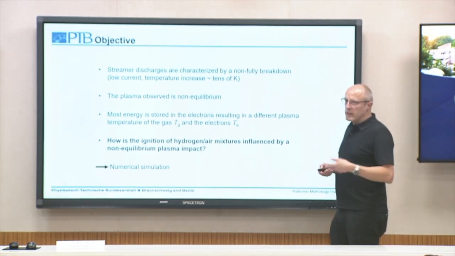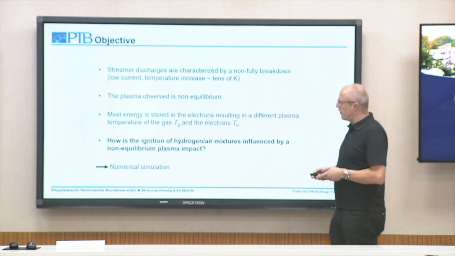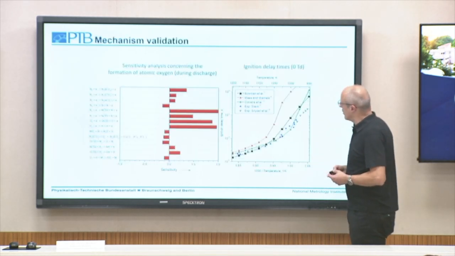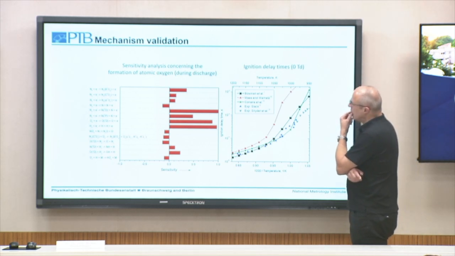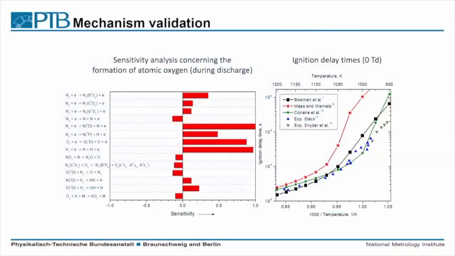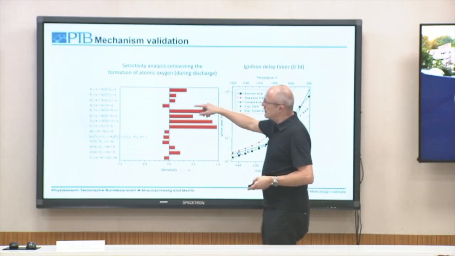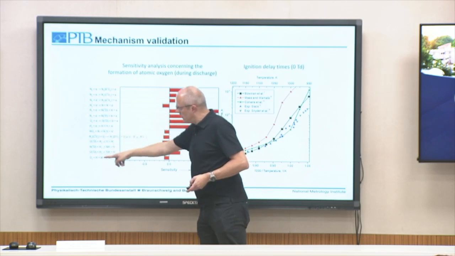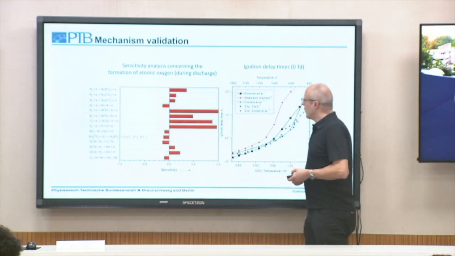The temperature dominates the ignition process, but this is not true for this non-equilibrium plasma, and this we can show with numerical simulation. So first of all, the mechanism we use for this specific problem. You see here we have a lot of electron impact reactions included in this mechanism.